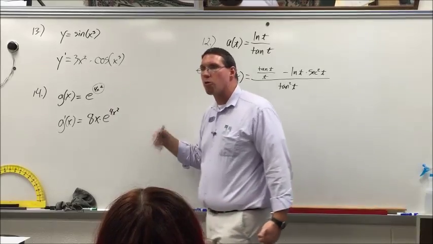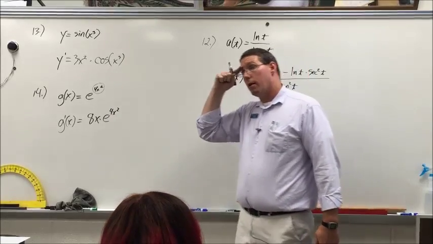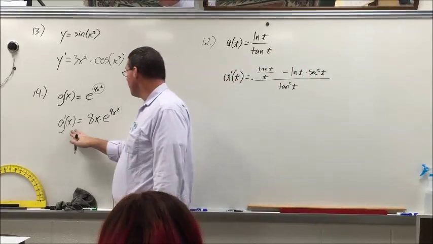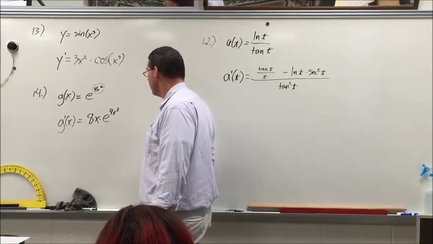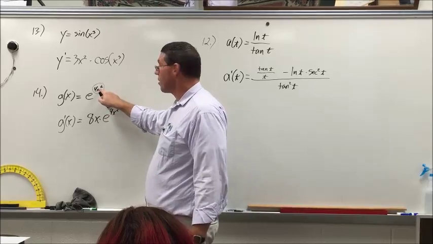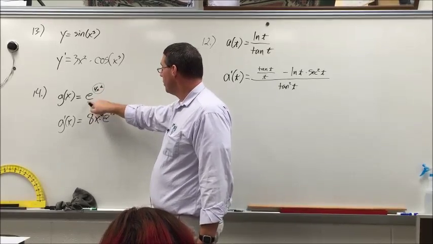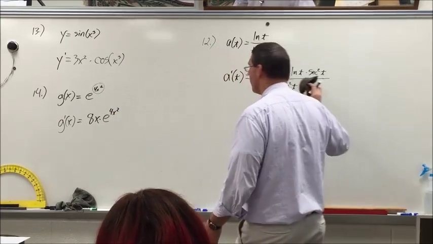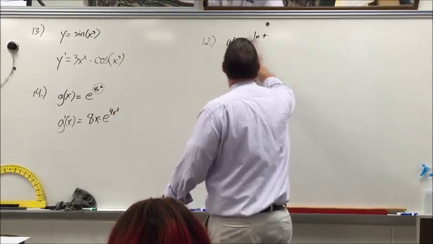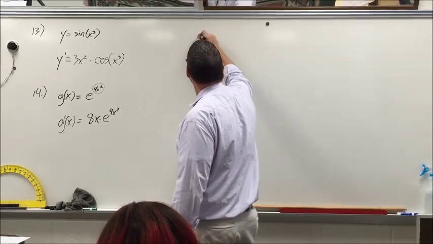Where there would be an x, we put the baby, right? So the derivative now is 8x e to the 4x squared. Derivative of the inside is 8x. And then when we do the derivative of the outside, we don't change the inside on that part. Yep.